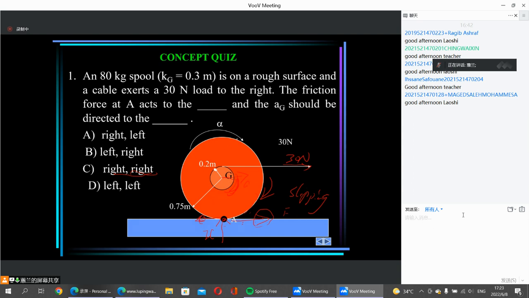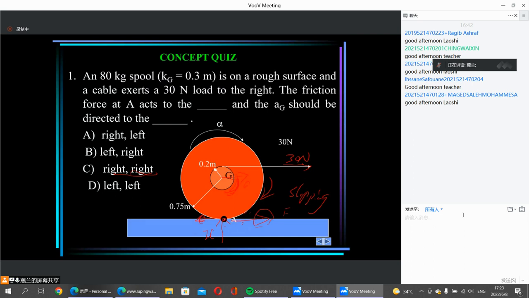How about alpha here? So about point A, the static force. When it's non-slipping, that means at point A, the friction force should be the static friction force.